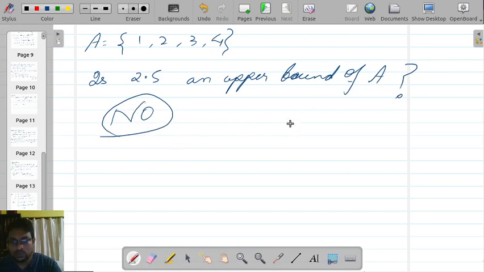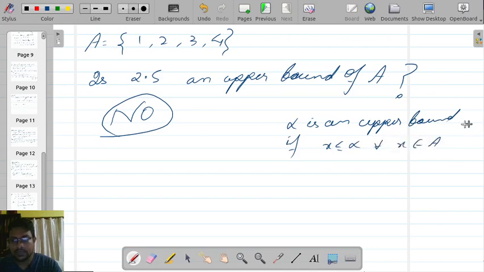So we know that alpha is an upper bound of A if the condition x less than or equal to alpha is satisfied for all x inside capital A. That means every element of A is less than or equal to alpha.